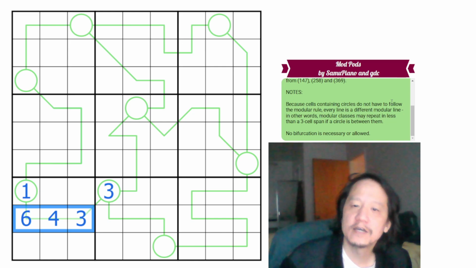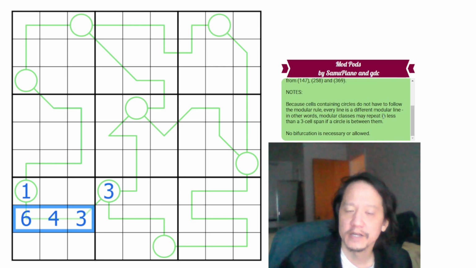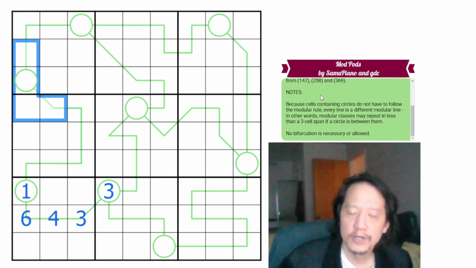Notes. Because cells containing circles do not have to follow the modular rule, every line is a different modular line. In other words, modular classes may repeat in less than a 3-cell span if a circle is between them. No bifurcation is necessary or allowed. I'm not sure what that means.